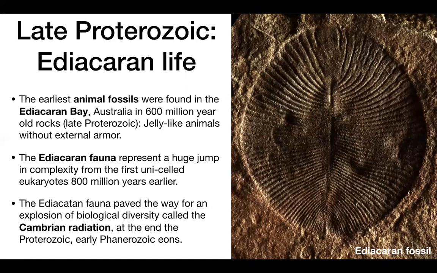However, they were widespread in the Earth's oceans. The transition of soft-bodied Ediacaran life to life forms with hard body parts occurred at the end of the Proterozoic and beginning of the Phanerozoic eons, a period characterized by an explosion of biological diversity called the Cambrian radiation.